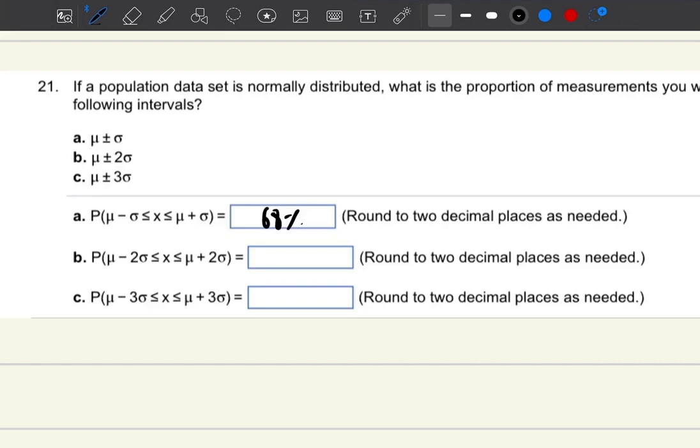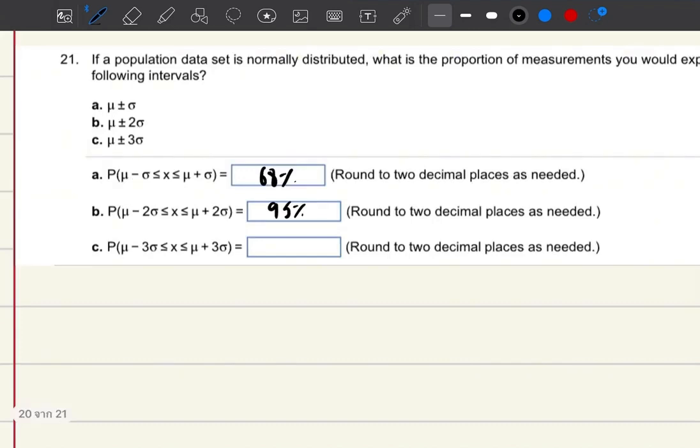When the x fall within 2 standard deviation is 95% or 0.95. And C is a probability of x fall within 3 standard deviation, which is approximately 1 or 99.7%.